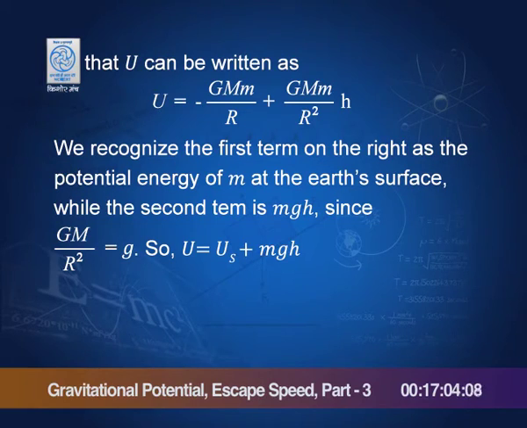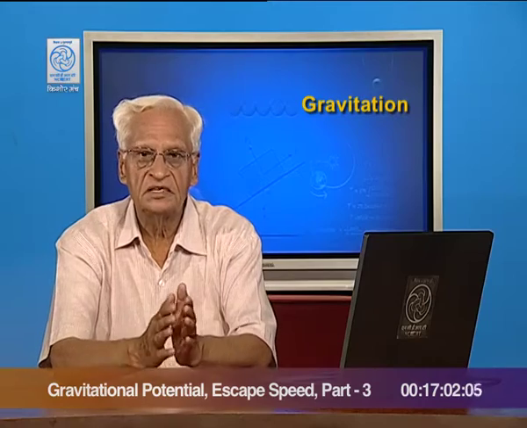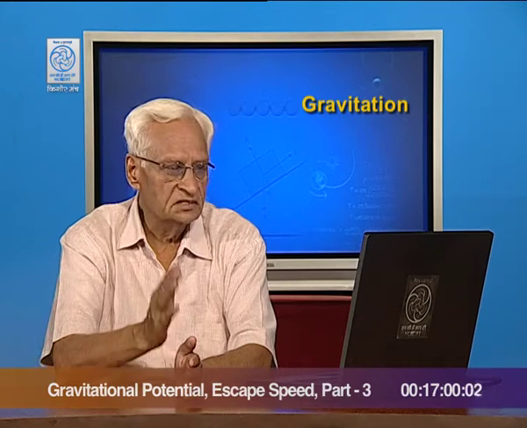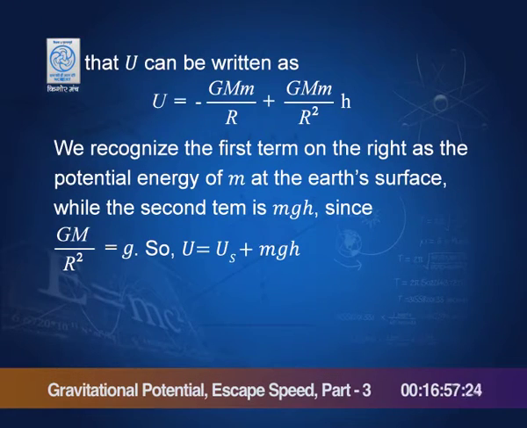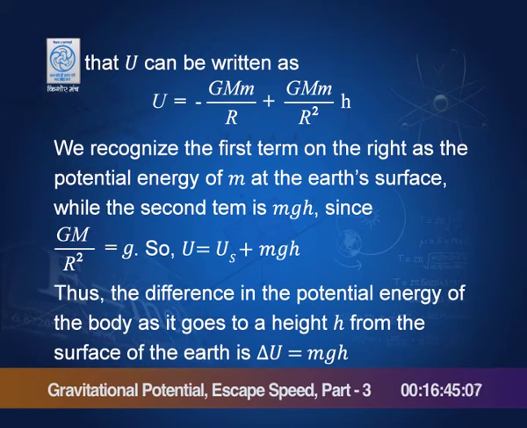This minus GMm by R we have learnt already is the potential energy of the mass m at the surface of the earth, and this extra term is m g h, because GM by R squared is g. Therefore, the extra term is m g h. Thus, the difference in the potential energy of the body as it goes to a height h from the surface of the earth is delta U equal to m g h.